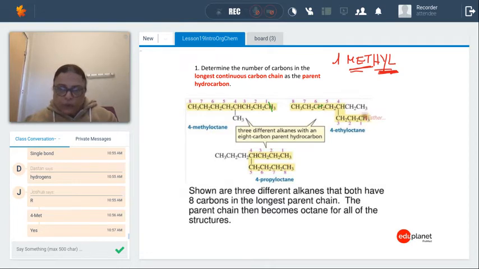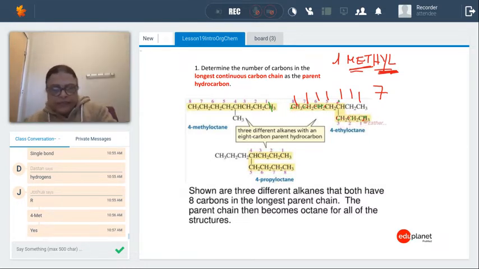So we count 1, 2, 3, 4, 5, 6, 7, 8, because counting this way, it doesn't matter how you put it on paper. On paper is not really how the molecule looks. So you don't count 1, 2, 3, 4, 5, 6, 7, because then you will have 7 in a row, which is smaller than 8 in a row.